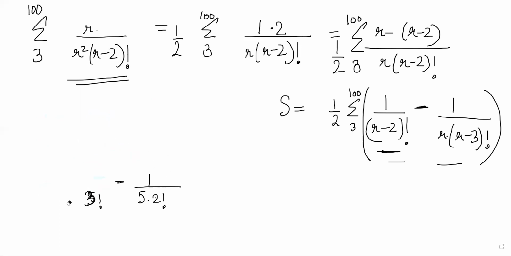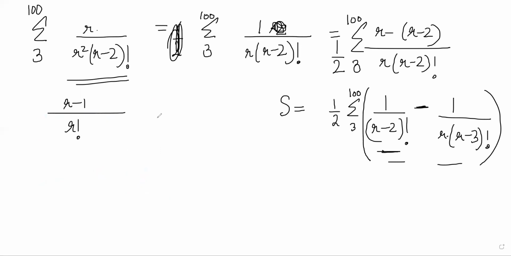Top and bottom by (r minus 1). Yeah, that is probably better. We multiply by (r minus 1), you get (r minus 1) by r factorial, right? And then we can split it. Then it is much better.